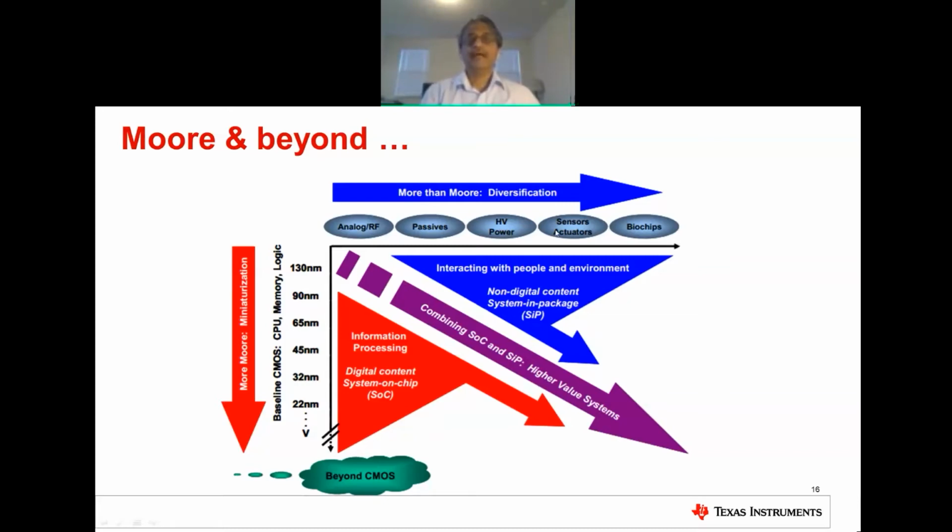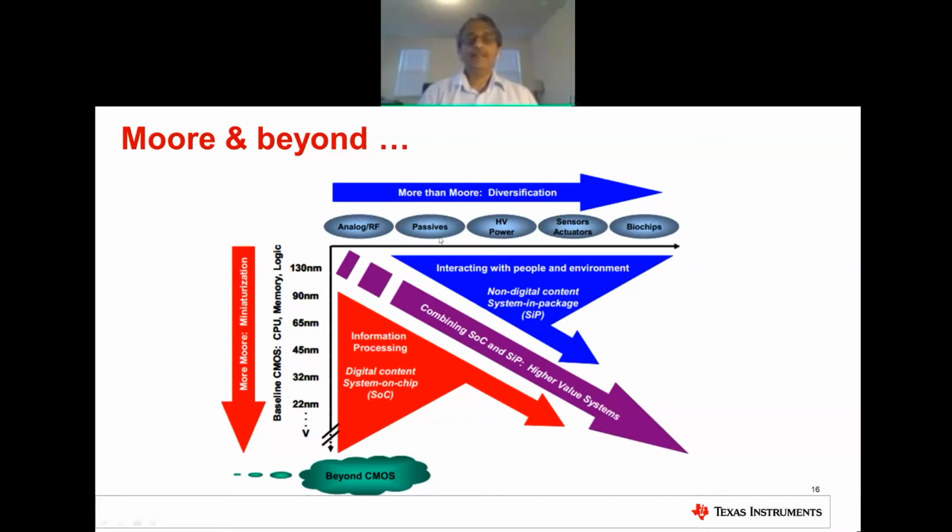But the other exciting dimension that has emerged is what is termed as more than Moore. By the way, this chart comes from a Semiconductor Industry Association roadmap, something that is available online. If somebody is really interested, you can go and study, and there are a lot more details behind this.